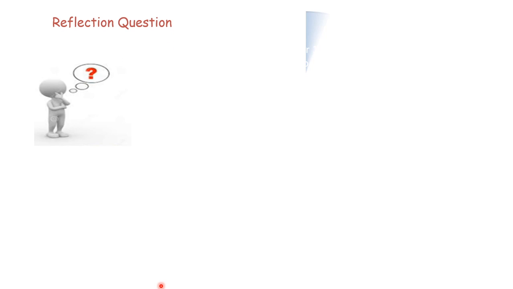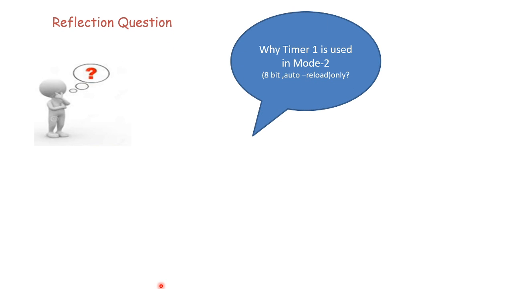So in this way we can determine the value of TH. Now there is a reflection question: why is timer 1 used in mode 2, that is the 8-bit auto reload mode only? I will give 30 seconds for this question. Try to give the answer.